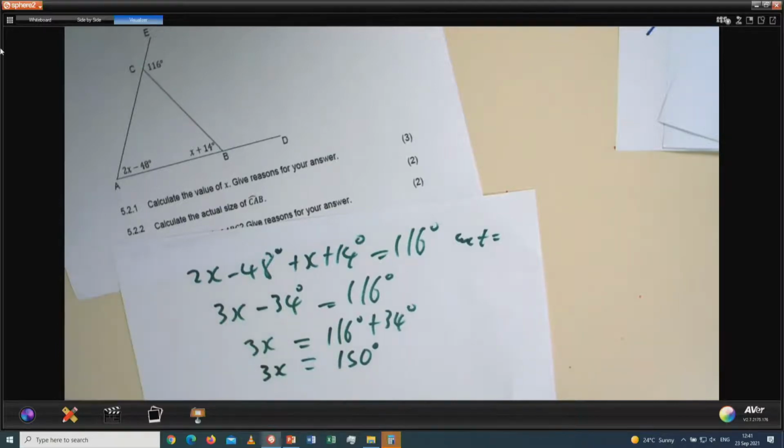Therefore, 3x equals 150. Once more, you remember, we are interested in x. You divide both sides by 3. Therefore, your x equals 50 degrees. That was the first question.